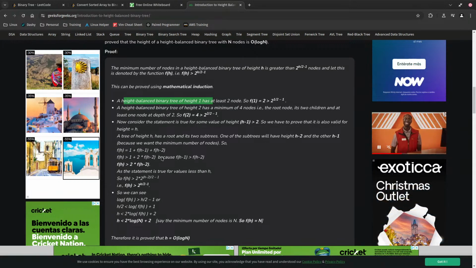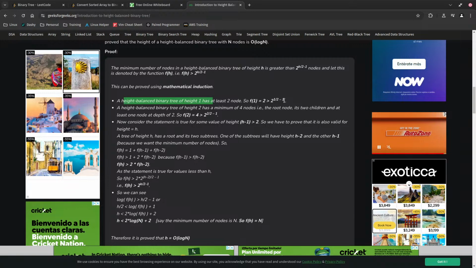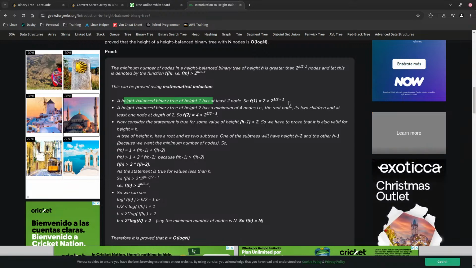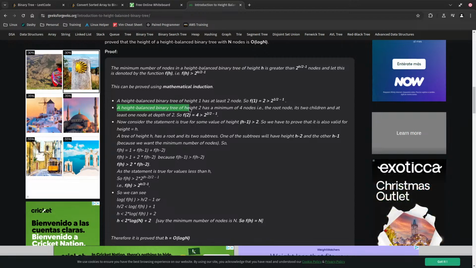Okay, so 1 divided by 2, so that's the half, minus 1. So like what? 0.99, whatever. Yeah. A height balanced binary tree of height 2 has a minimum of 4 nodes.